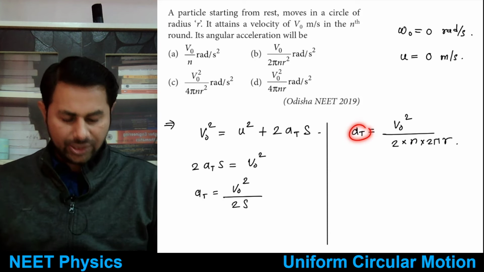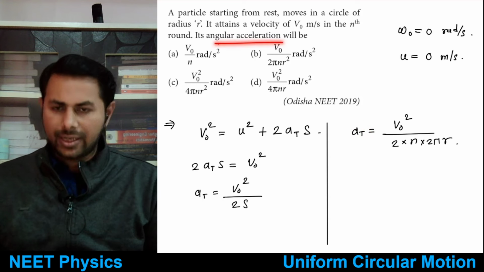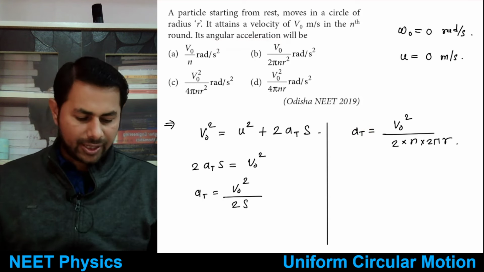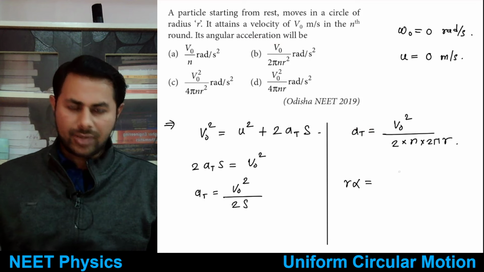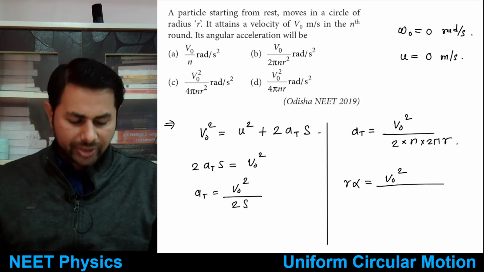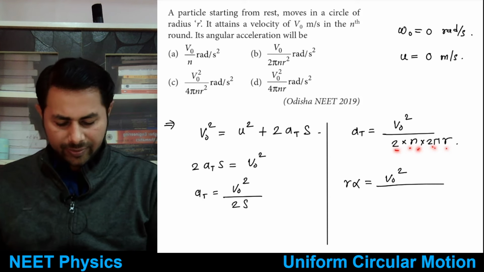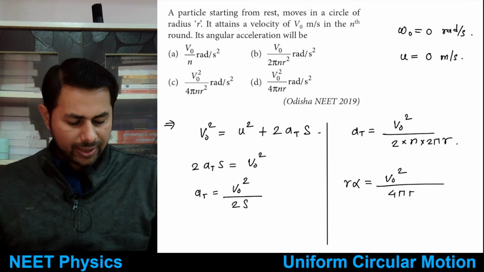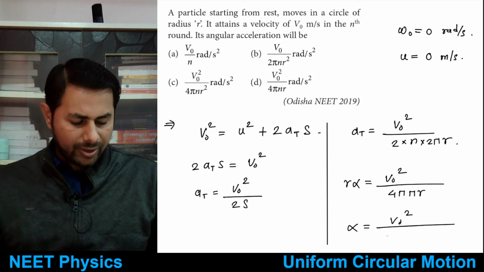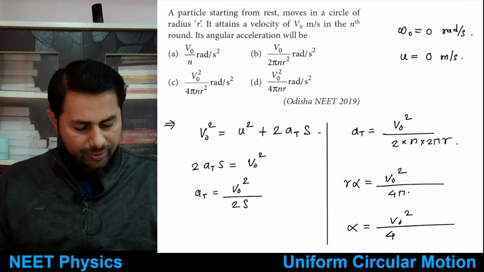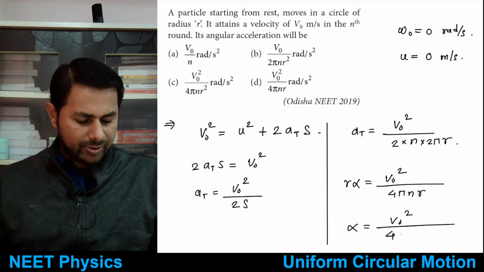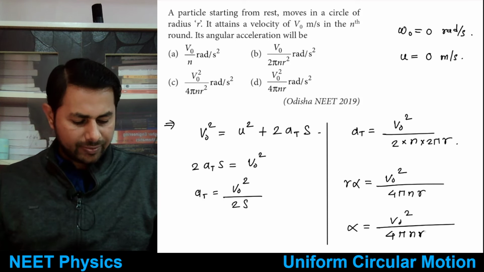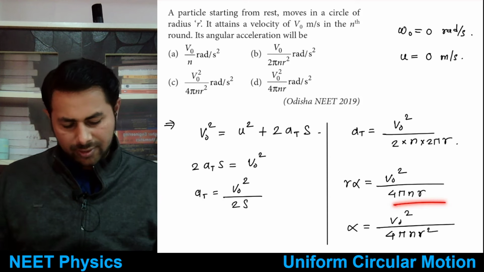Okay, so this is tangential acceleration, but you want angular acceleration. So this tangential acceleration can be written as r times alpha. So r times alpha is v naught square divided by 4 times n pi r, and if you just move this r to the other side, then you get alpha equals v naught square divided by 4 times pi n r square, right?